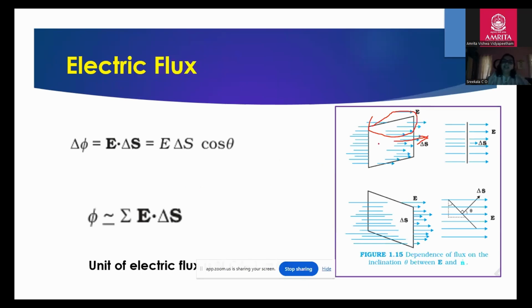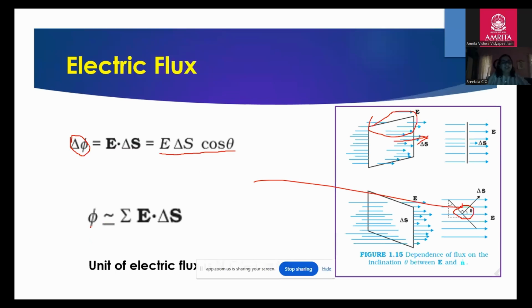Delta phi is the electric flux flowing through a small area: delta phi is equal to E dot ds, or E ds cos theta, if the field makes an angle theta with the normal to the surface.